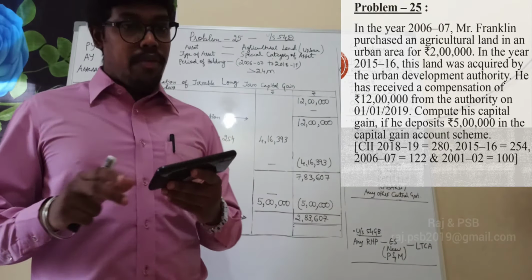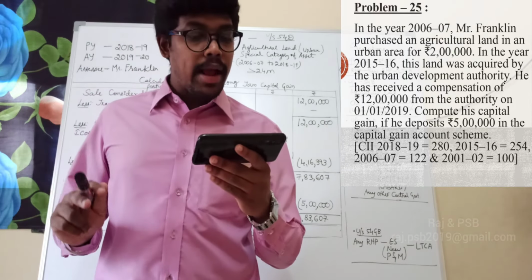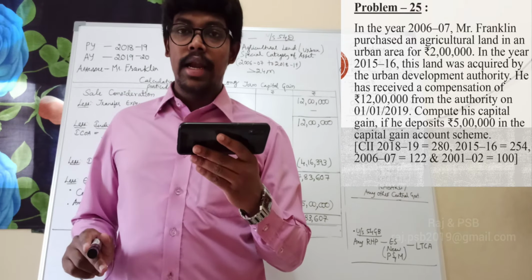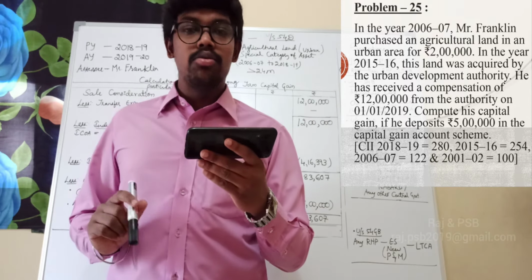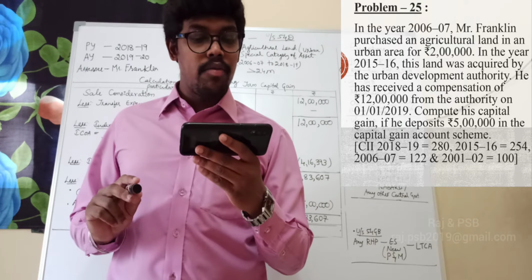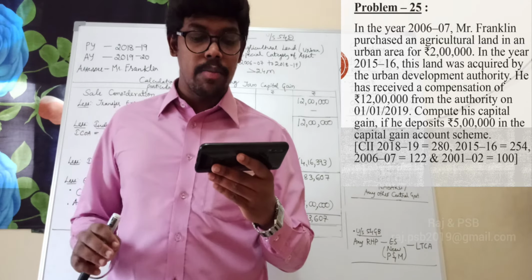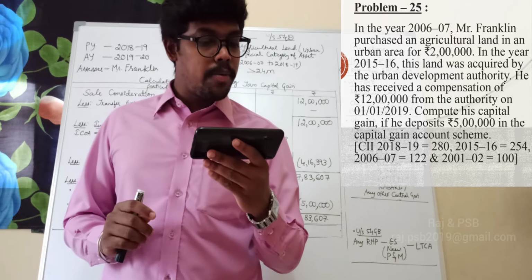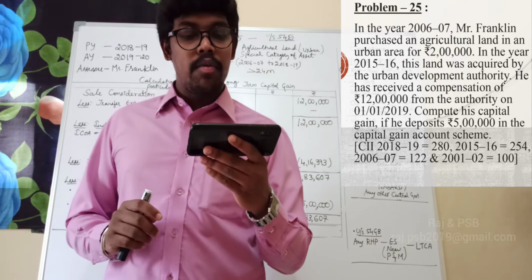Problem number 25 says in the year 2006-7 Mr. Franklin purchased an agricultural land in an urban area for ₹2 lakh. In the year 2015-16 this land was acquired by the Urban Development Authority, that is nothing but local government. He has received a compensation of ₹12 lakh from the authority on 1/1/2019.